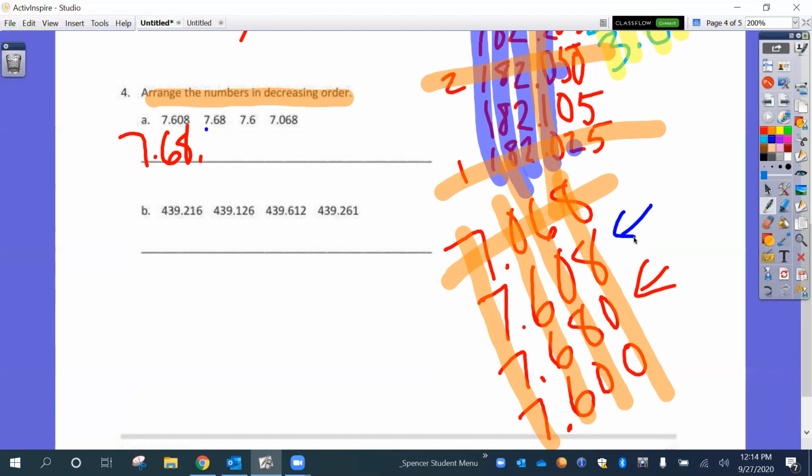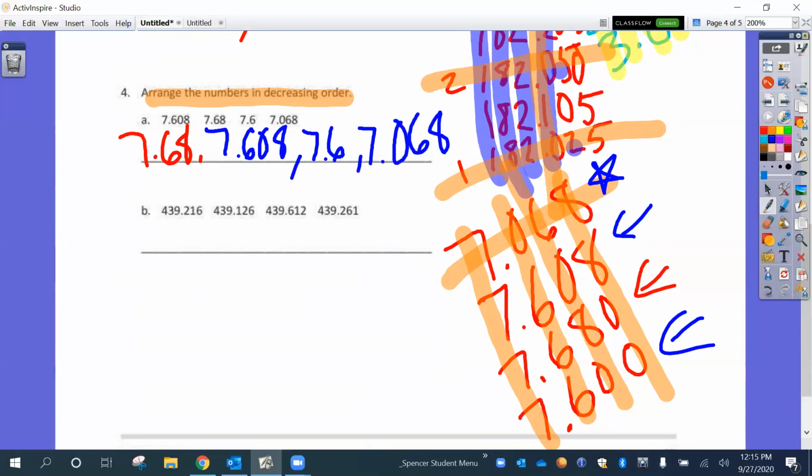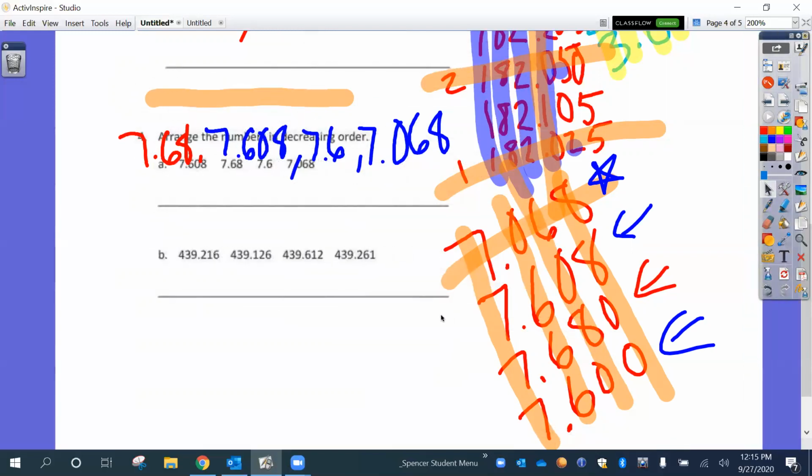So 7.608 is our next largest number. And when we know that this top number is our smallest, that must mean that this number is next, 7.6, followed by 7.068. Great job.